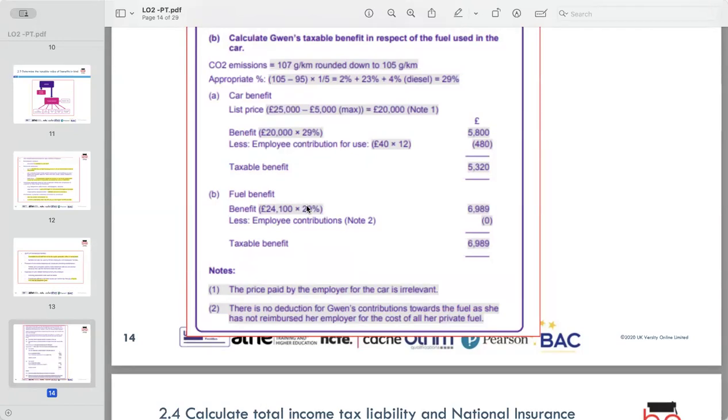Given a monthly contribution of £30 multiplied by 12, since Gavin's contributions do not cover the entire cost of private fuel, we do not deduct them from the taxable benefits. Gavin's taxable benefit in respect of the fuel is £6,989.